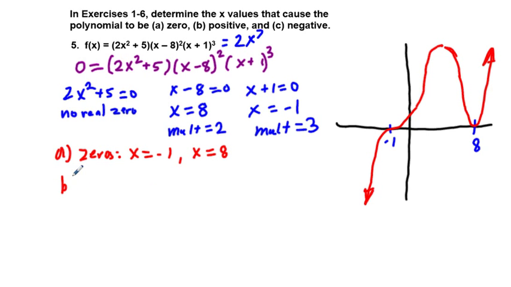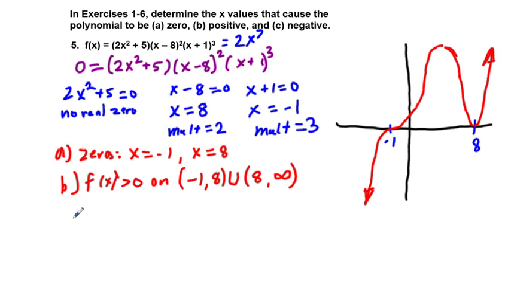And then b, f of x is greater than 0 on the interval. Well, we have greater than -1 up to less than 8. And then we take a break at 8 itself, because that's when the function value is 0, and we go from greater than 8 to less than infinity.